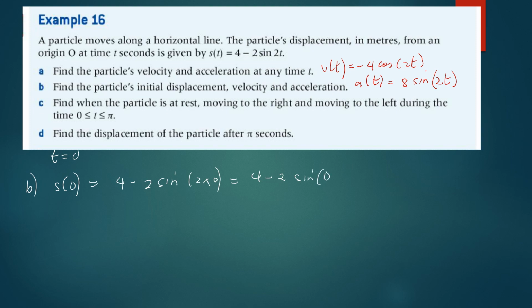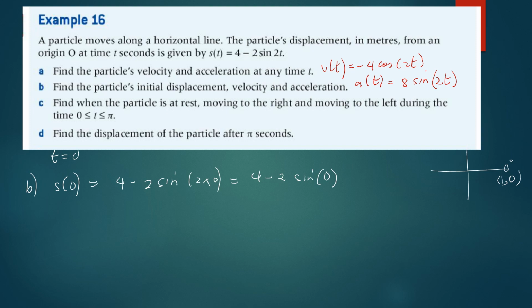By the way, this is a non-calculator exercise, so you must know the coordinates of your unit circle. So let me draw here. This is 0 degrees. So what are our coordinates here? We have our cosine is 1 and we have our sine 0.